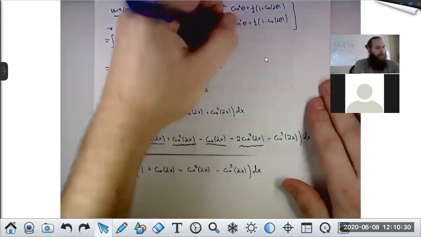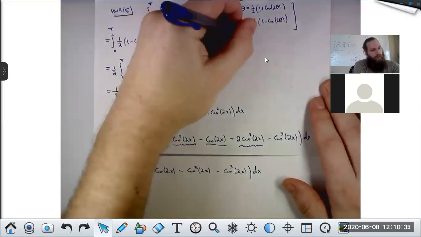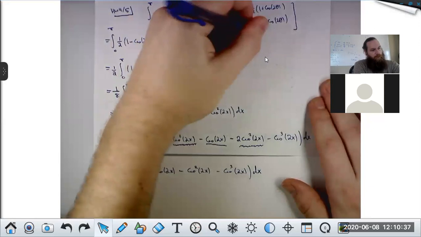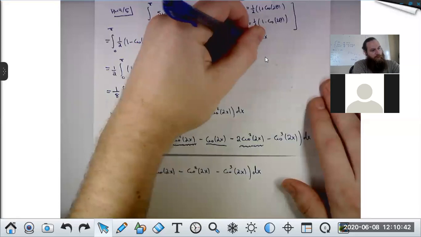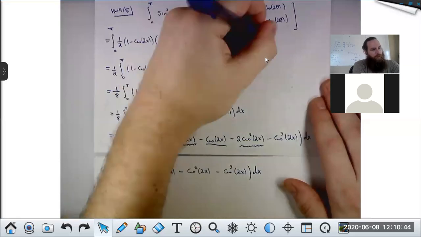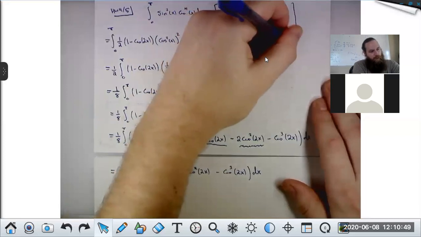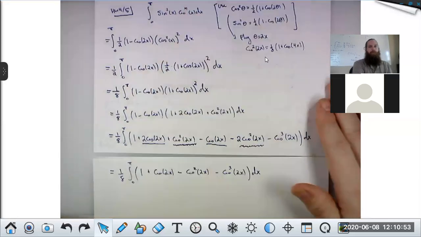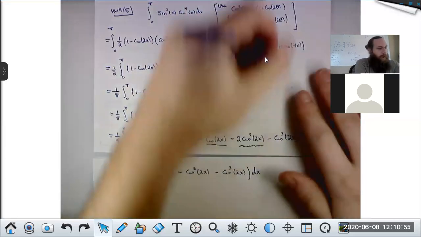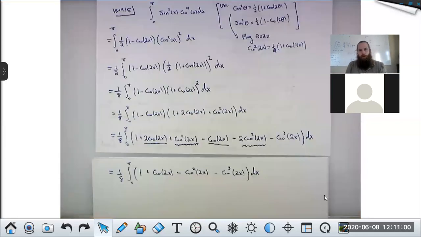So if I plug in theta equals 2x, then I get cos squared of 2x equals 1/2 times 1 plus cos of 2 times 2x, which is cos 4x, like that. So that's what I'll do with the cos squared 2x term.